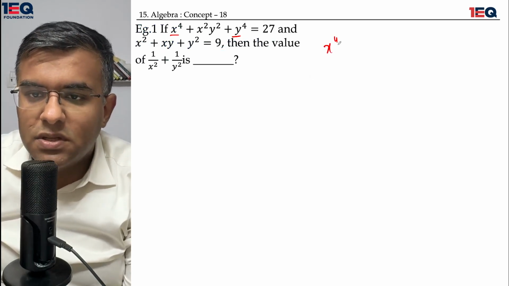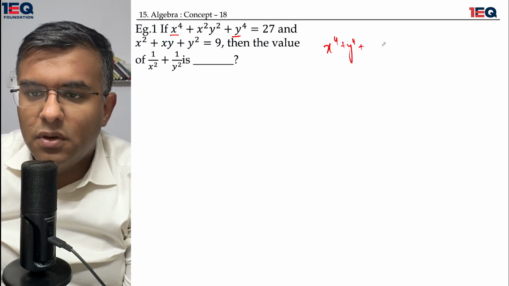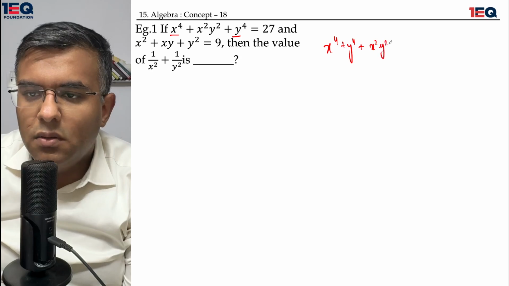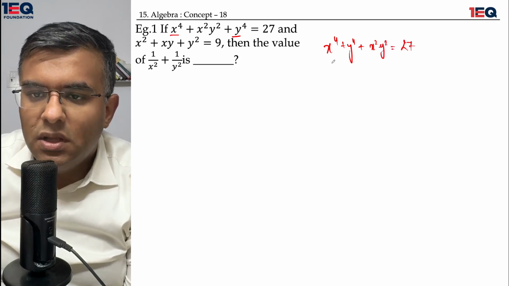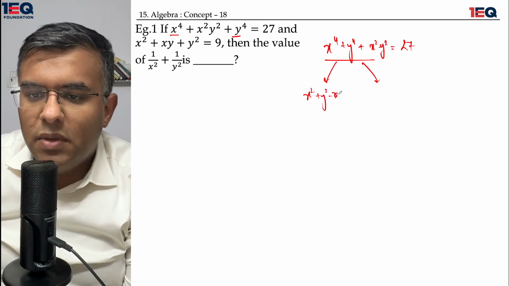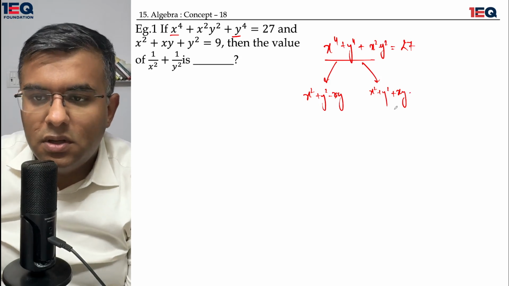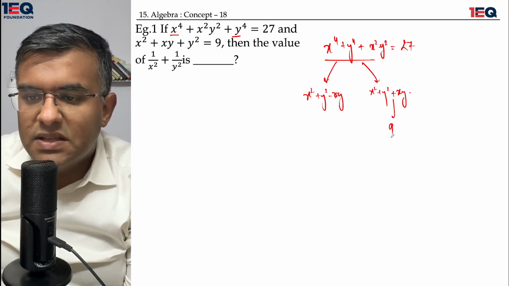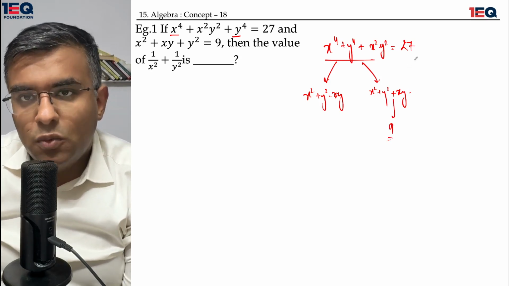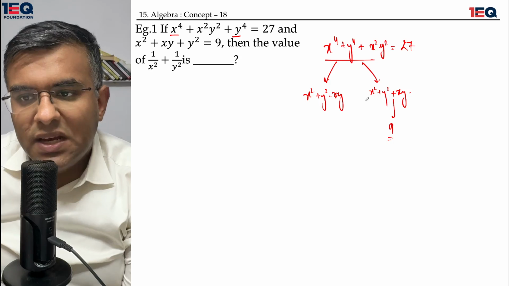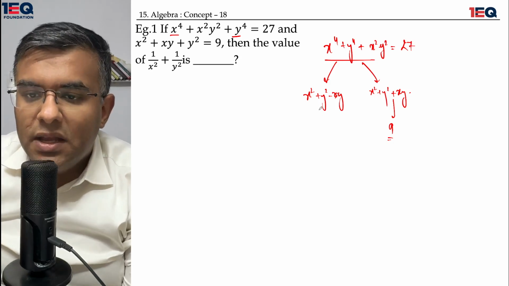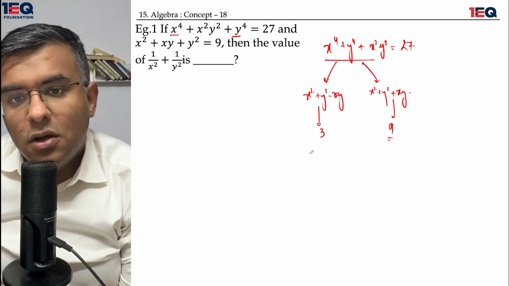The big equation x4 plus y4 plus x square y square being equal to 27 is going to split up into two parts, which are x square plus y square minus xy and x square plus y square plus xy. The plus equation has already been given as 9, so it is going to be a product of it. These two when multiplied become 27, so 9 has to be multiplied by 3 to make it 27.